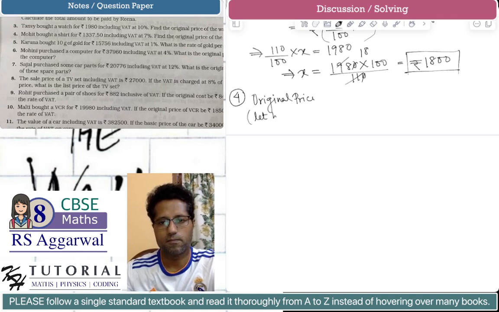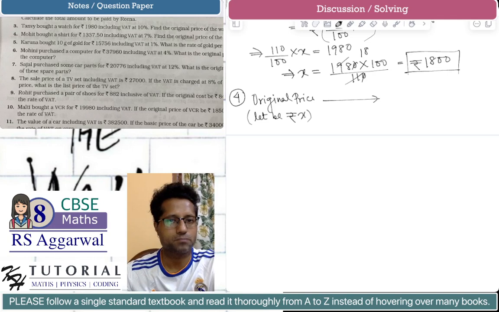Let the original price be rupees X, and there is a 7% VAT.